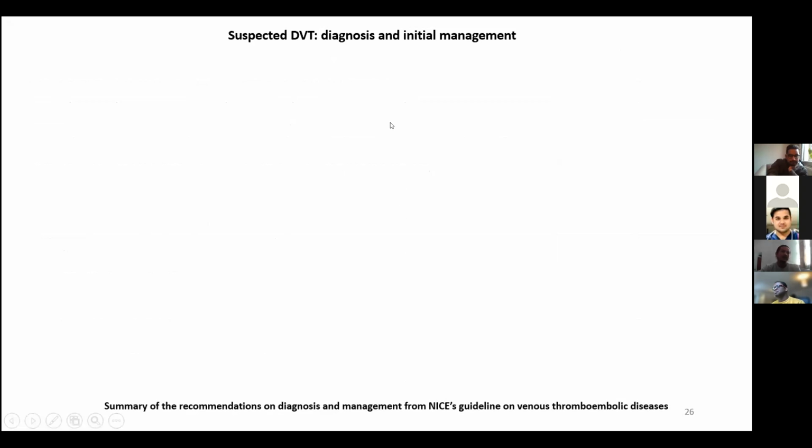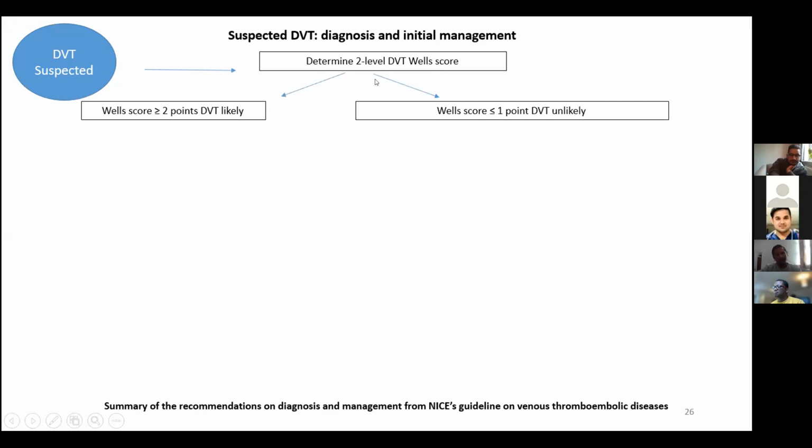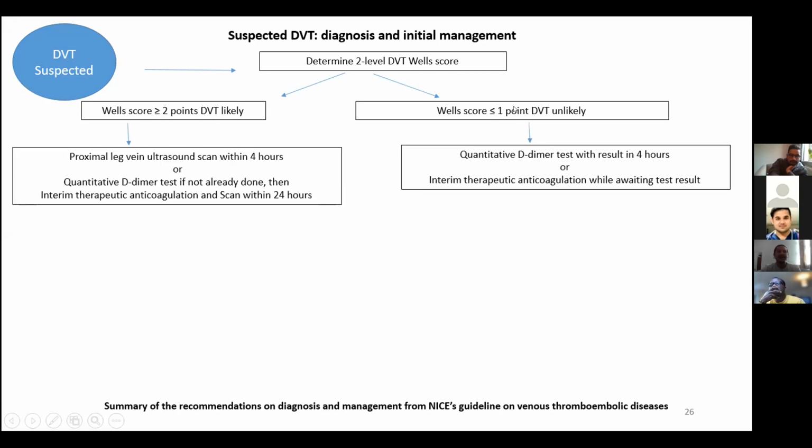So to diagnose suspected DVT, we have suspected a DVT. We have to, as I said earlier, determine the two-level DVT Wells score. So we can have two answers. If the Wells score is 2 or more, DVT is likely. If the Wells score is 1 or less, DVT is unlikely.